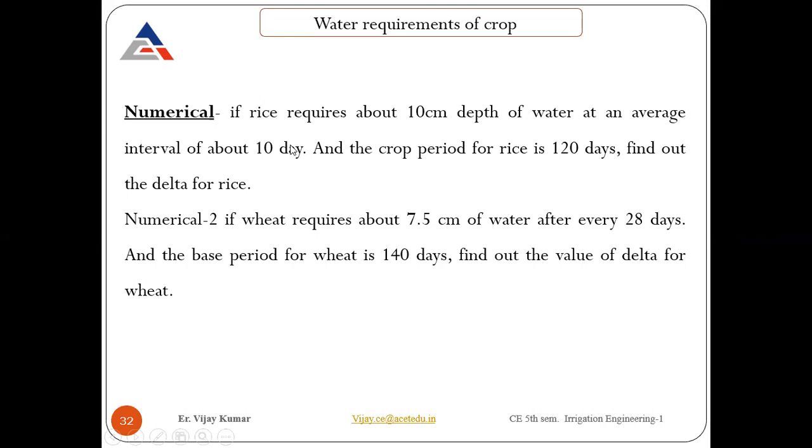Rice requires about 10 centimeter depth at an average interval of 10 days, meaning every 10 days we require 10 centimeter depth of water. And total crop period means the time elapsed between sowing and harvesting, which we call the crop period, is 120 days. Find out the total delta for rice, meaning the total water supplied to the land that we need to find out.